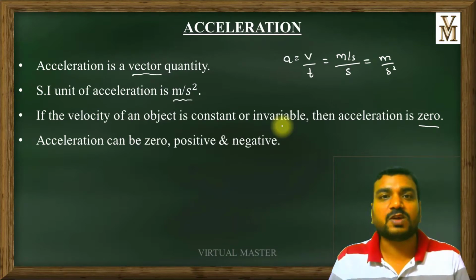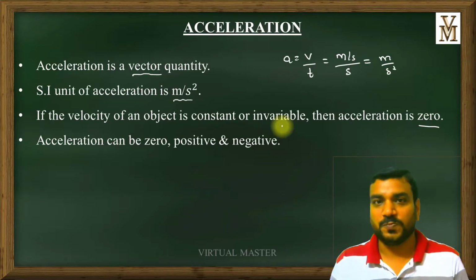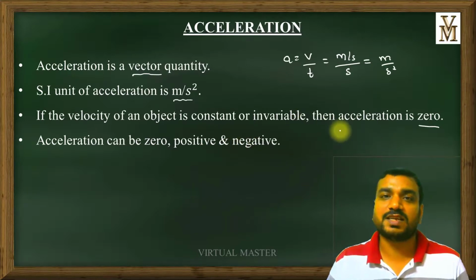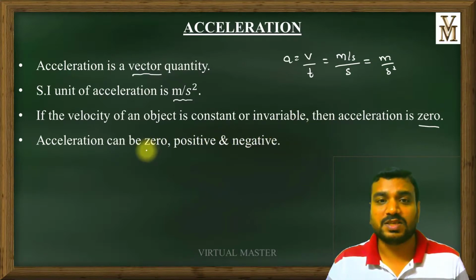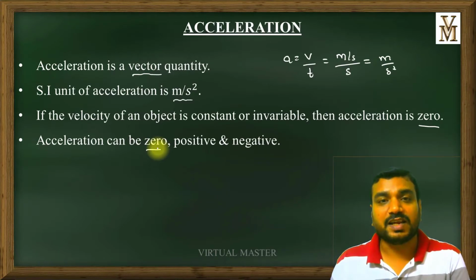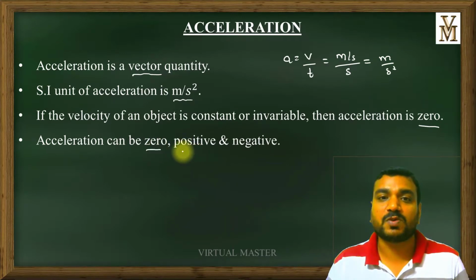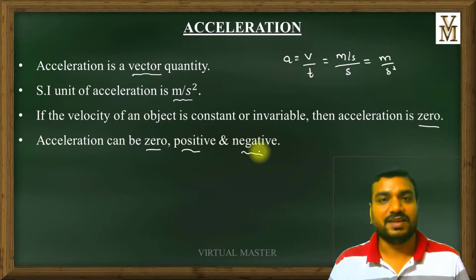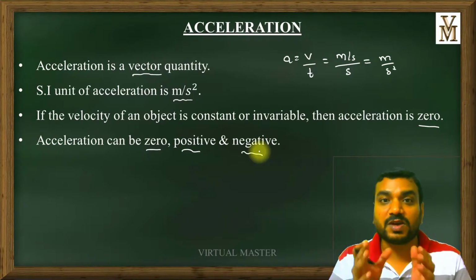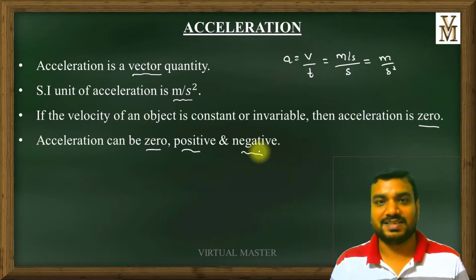Suppose the velocity of the object is not at all changing, then acceleration will be zero. Now acceleration can be zero, positive and negative. Just now we have discussed how acceleration will be zero, isn't it? While discussing positive acceleration and negative acceleration, we have discussed that acceleration can have a positive value as well as a negative value. These are the four important points that you have to remember about the acceleration.